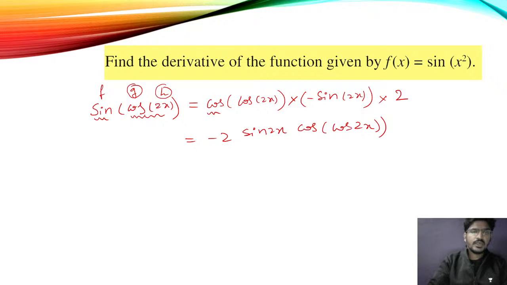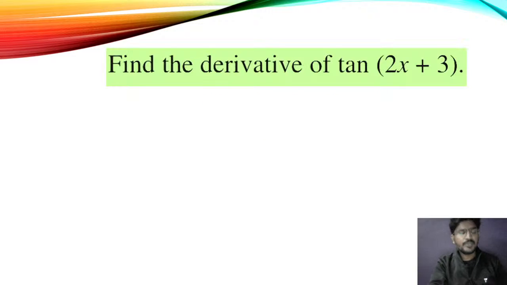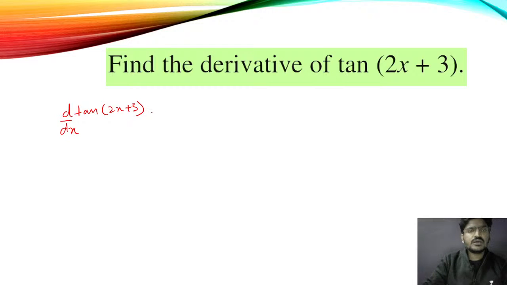Okay, no problem. Let us continue with the next slide with another problem. The next problem is tan of 2x plus 3. As you all know, you must remember the differentiation formula for tan. So first let us try to differentiate it. Differentiation of tan is secant square. This term you have to write as it is, multiplied with the differentiation of 2x plus 3.